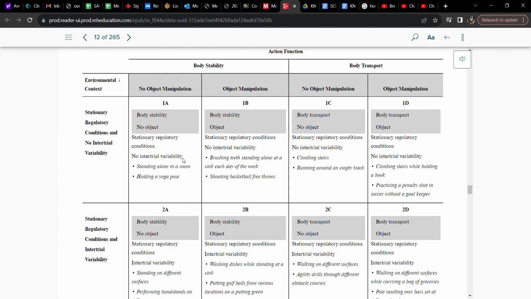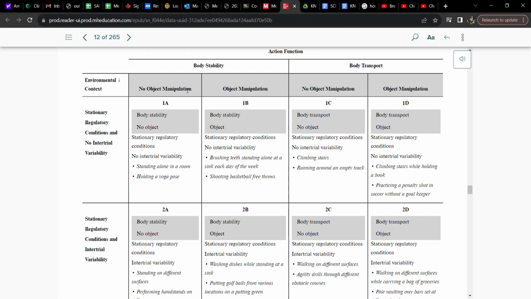And there's no intertrial variability, so there's no variation from rep to rep. It's all the same stuff over and over. Like I said, standing alone in a room. There's nothing moving around you. Your body is not moving. There's no object to move. This is a 1A: full body stability, no object manipulation, stationary environment, no intertrial variability.